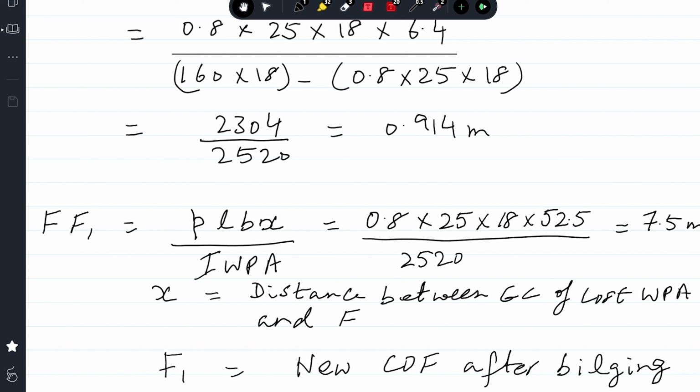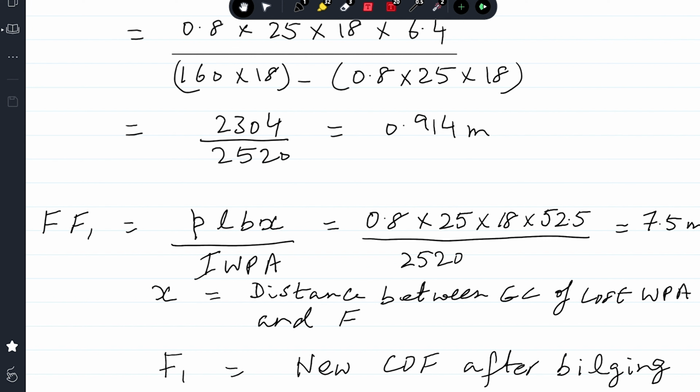What is the formula for that? It's a simplified formula from the moments, and it is W, small w, which is weight discharged, into d, the distance between the center of gravity of the hole and the center of gravity of the ship, divided by the final displacement.